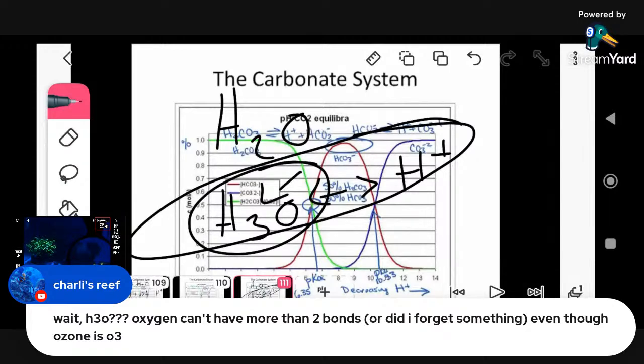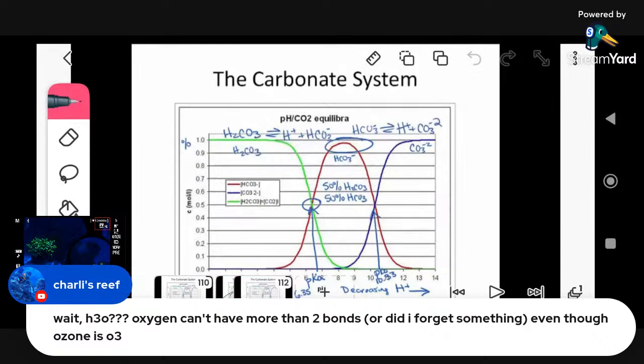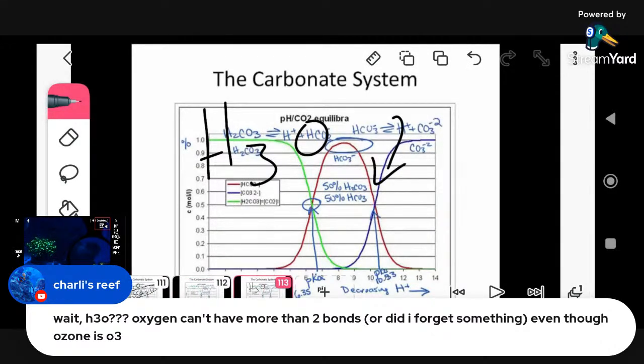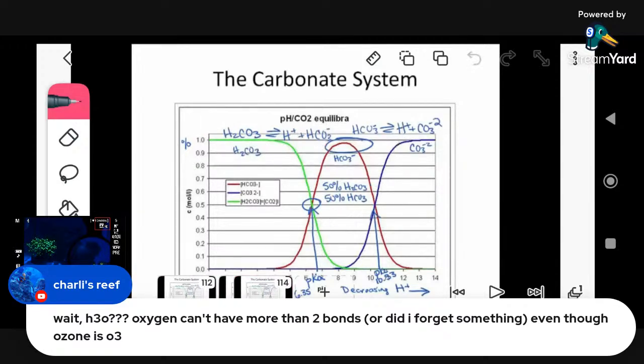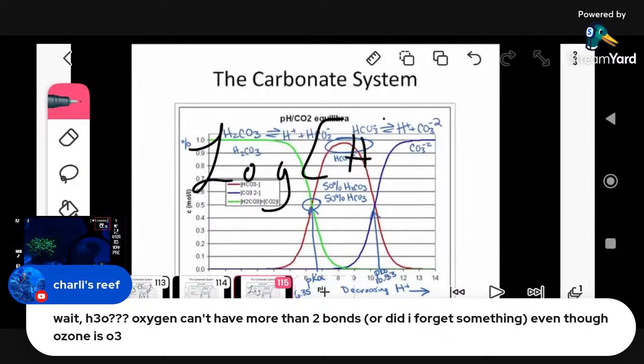So whenever I say H3O, that's another way of me saying H plus in the water. So when I said you take the log base concentration of hydrogen, it's the same thing as saying the log base of H3O in the water. You see that?